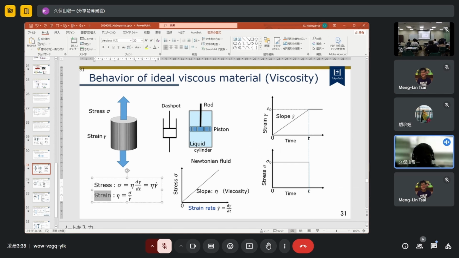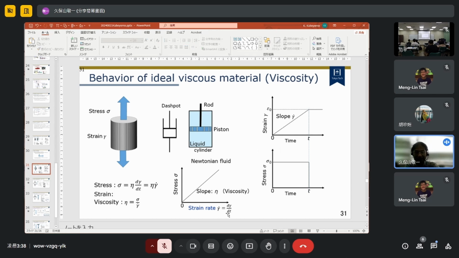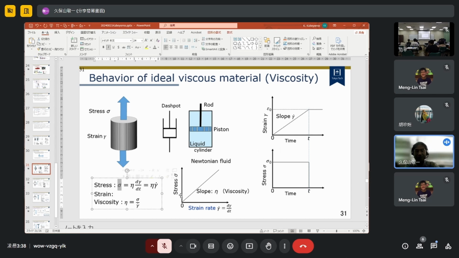No, not strain, I'm sorry. This one is viscosity. The strain is the same as that one. Strain is gamma. Okay, I'm sorry. But the important point is that stress is proportional to the strain rate.